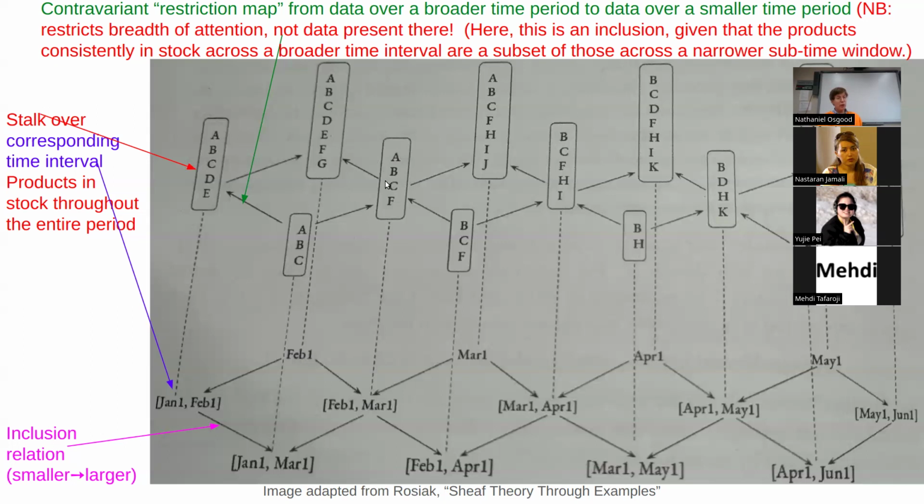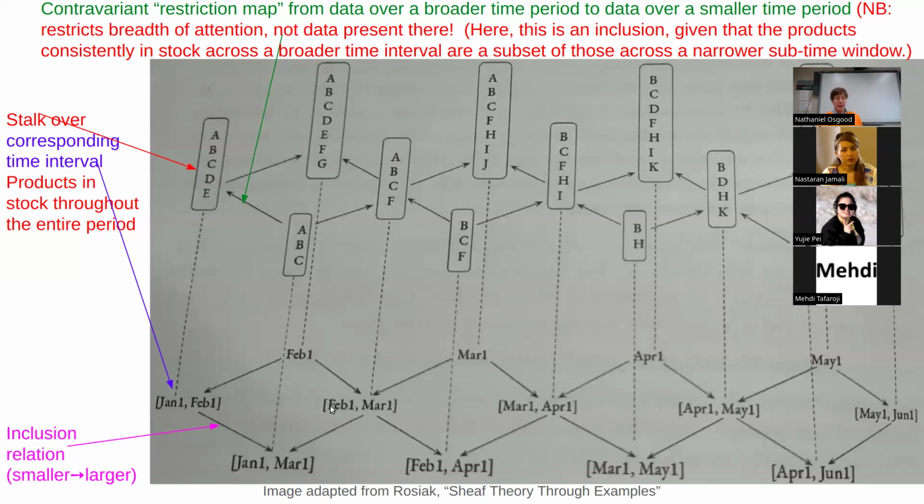So this restriction map is not a projection. What is it doing? Well, it's mapping A into A, B into B, C into C, and F into F. After all, something could be continuously in stock for all February 1st to March 1st only if it was continuously in stock for February 1st to February 1st as well, right?